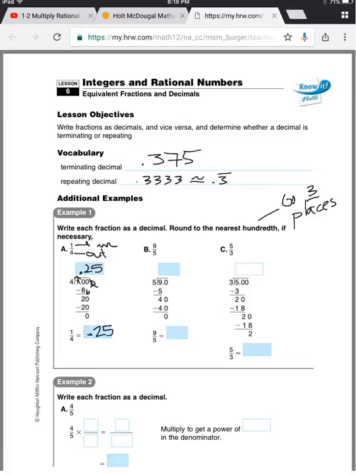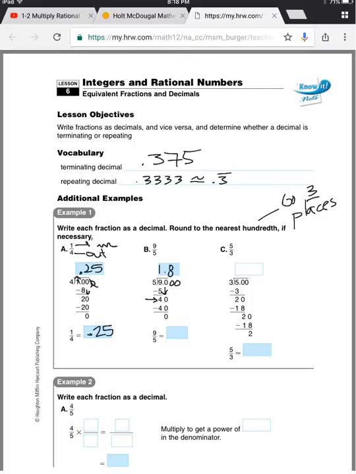Now we have 9/5. They already have it set up for us. Our 5 is on the outside, our 9 is on the inside, followed by a 0. We're going to add 2 more zeros to that because we can. The decimal goes straight up. 5 goes into 9 one time. 1 times 5 is 5. We subtract and get 4. We bring down the 0. We get 40. 5 goes into 40 8 times.